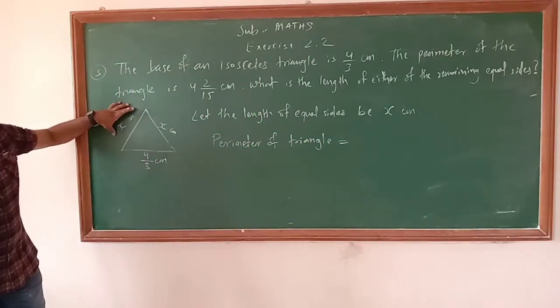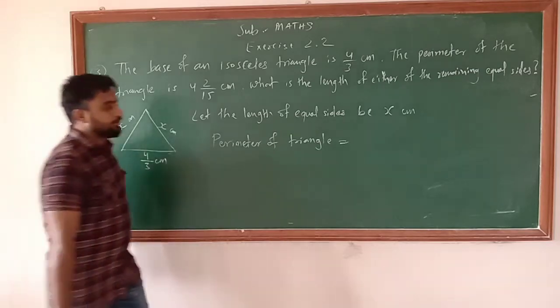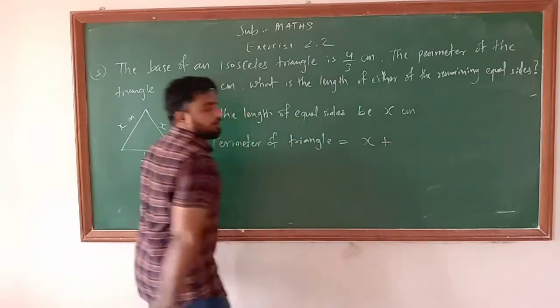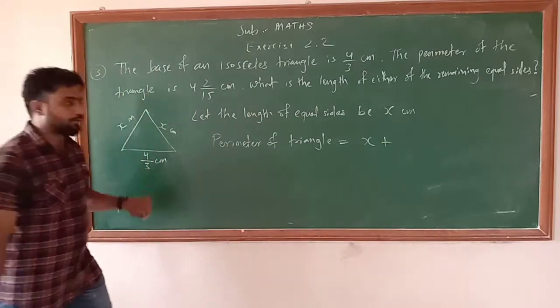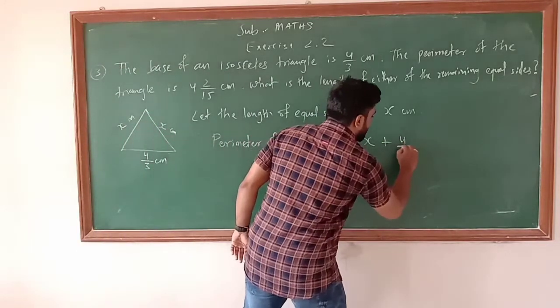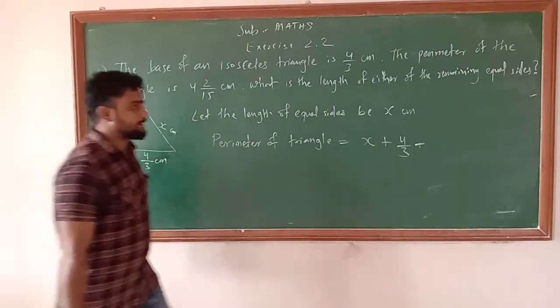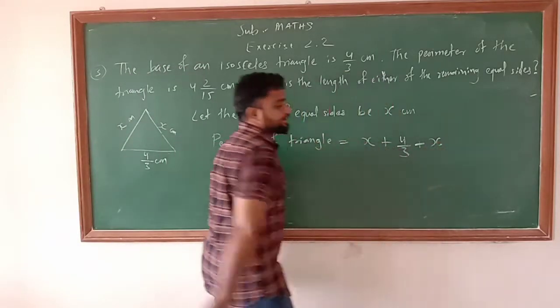So what is the value of this side? That is x. So it is x plus another side, that is 4/3, plus the third side, that is also the same, that is x. Understand or not?